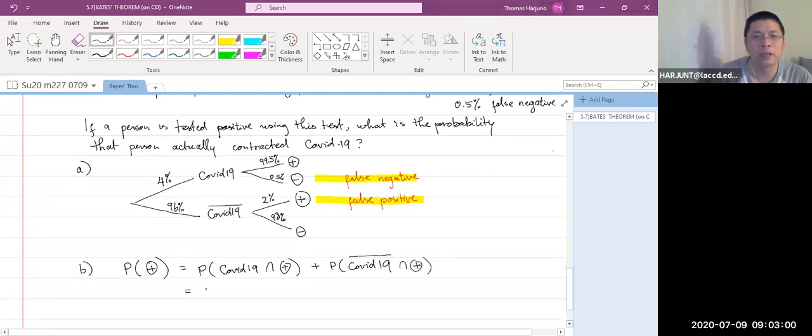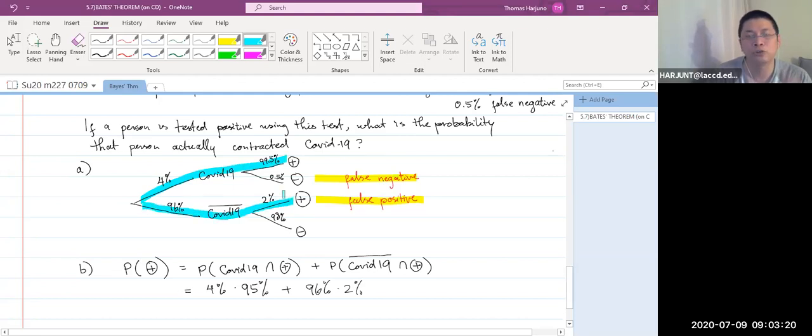Now this will be 4% times 95% plus 96% times 2%, right? So tested positive is this track here and this track here. They are mutually exclusive. That's why we add them.